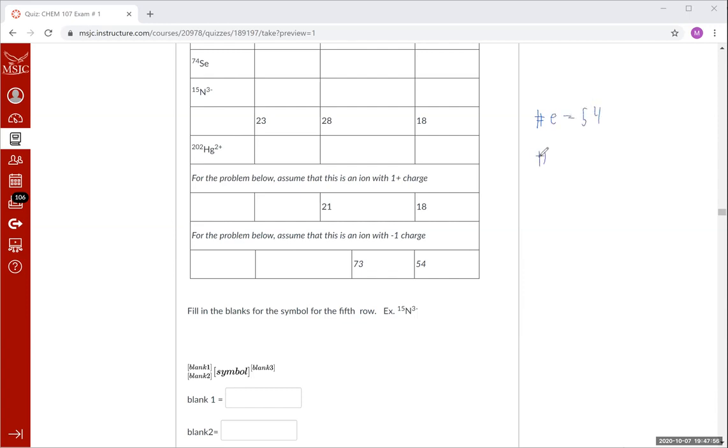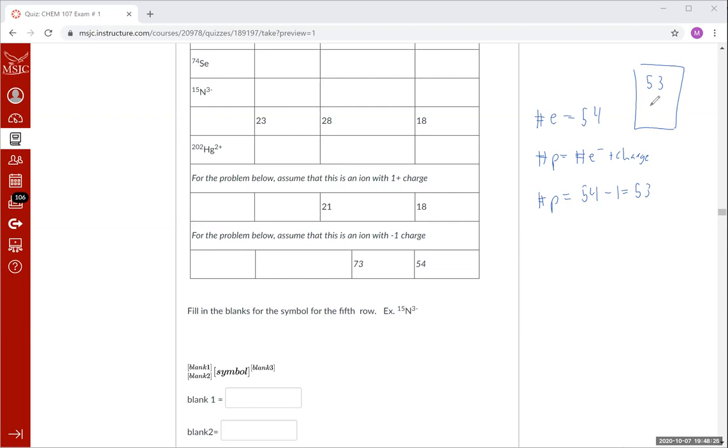We can figure out our number of protons by taking our number of electrons plus the charge. That gives us, for our number of protons, 54 minus 1, which is 53. Would someone like to tell me which element has an atomic number of 53?